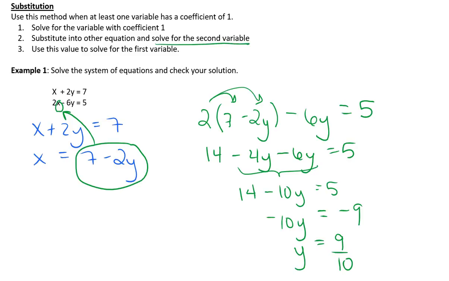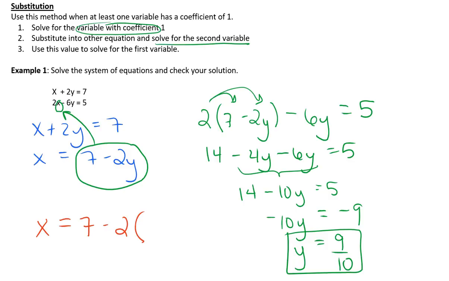So now we're at the point where we have solved for the second variable. We isolated the variable with coefficient 1, and we used that to solve for our second variable, so we have a solution for y. And now we're going to use this solution to go back into our equation for x. Just like we substituted 7 minus 2y for x, we can now say that x has to equal 7 minus 2 times the actual value of y, which is 9 over 10.